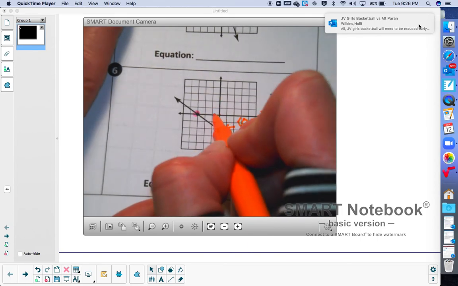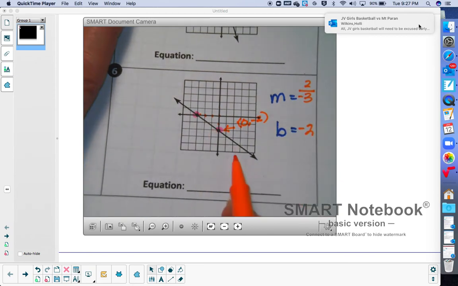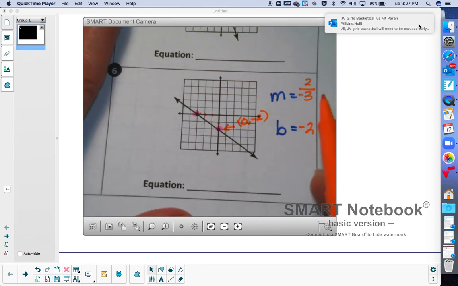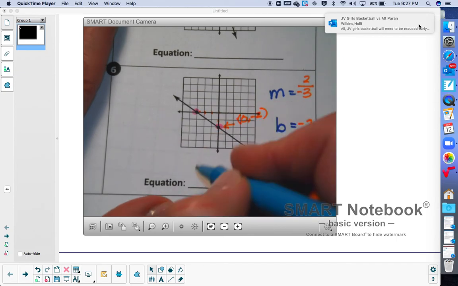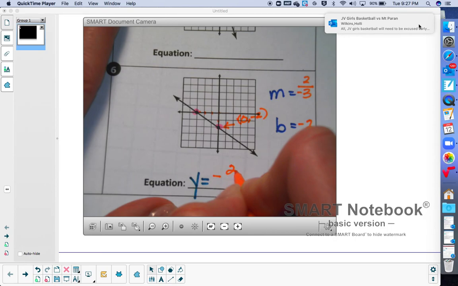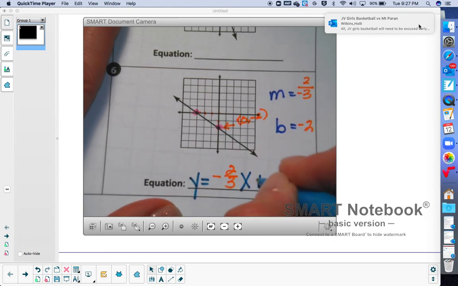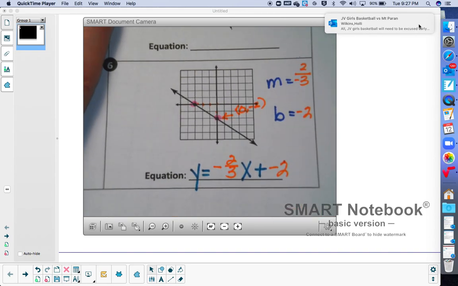And then I count 1, 2, 3, 3 back to the left. This line is falling with a negative slope, so my slope is negative 2/3. And the equation of my line, writing the fraction negative 2/3, writing my x really big, and then plus negative 2, or you can simply say minus 2.